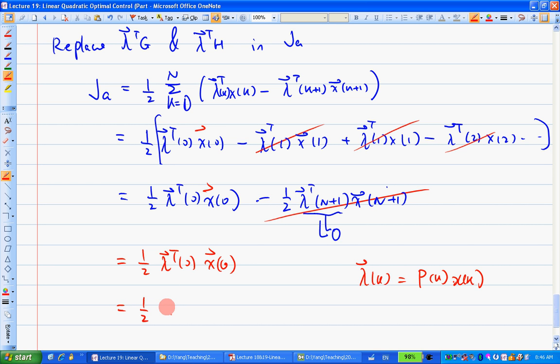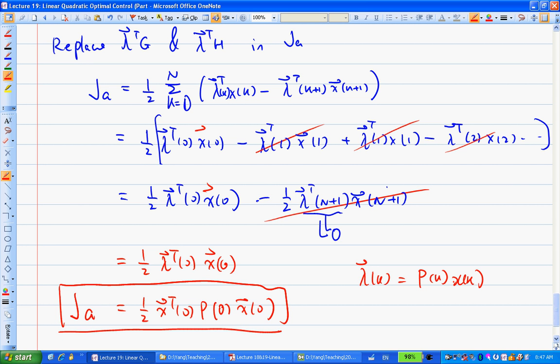So 1/2 x transpose 0 P of 0 x of 0. So this is your minimum value. This is the minimum value for the performance index for this finite horizon problem right here.